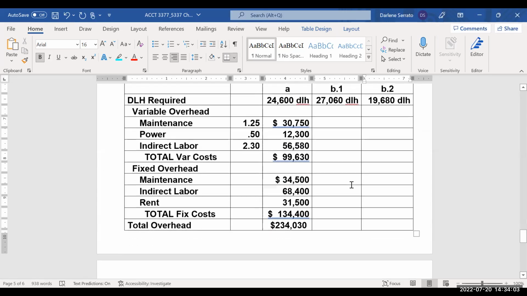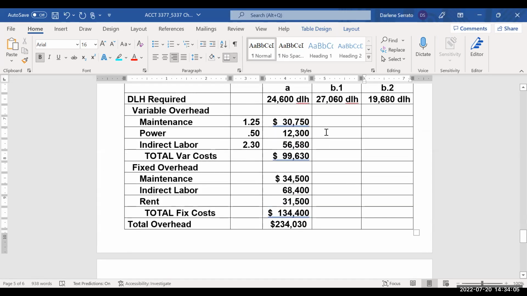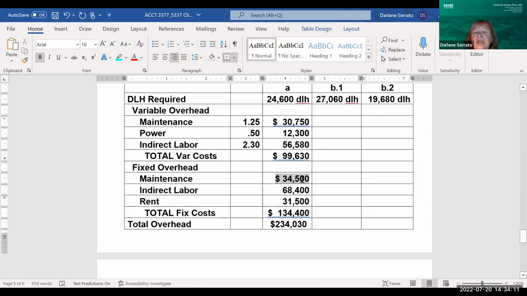Okay. What's going to change are the variable costs. Fixed cost will not change. So what changes is the variable cost only. By definition, fixed costs do not change with changes in activity.